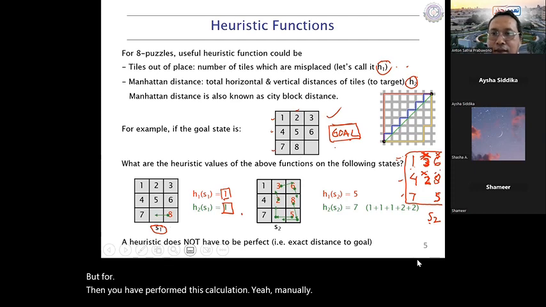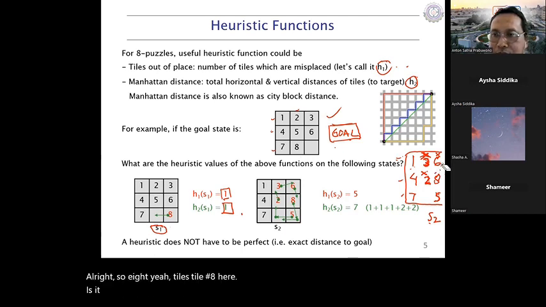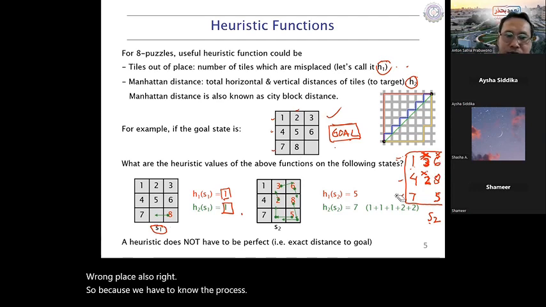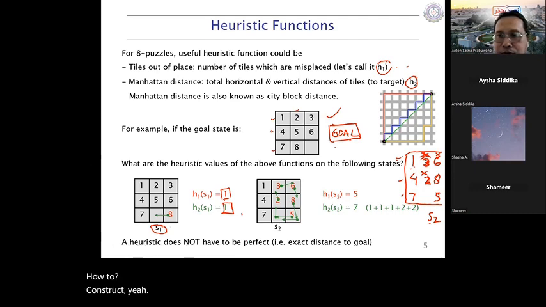So tile number 8 here. Is it the wrong place or the right place? Wrong place also, right? We have to know how to provide the solution using the heuristic.